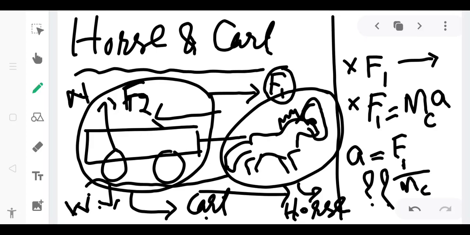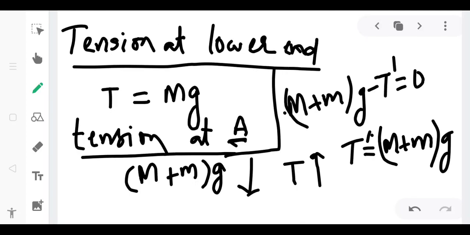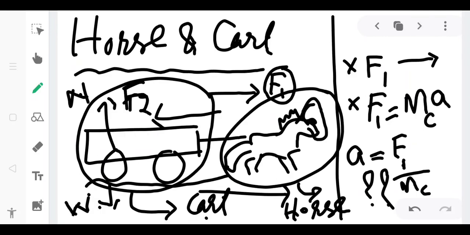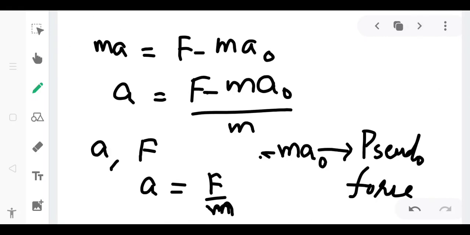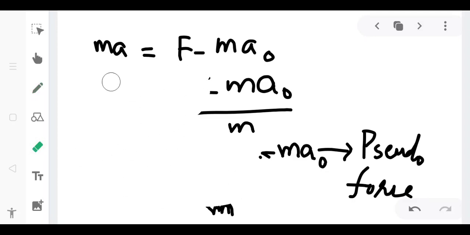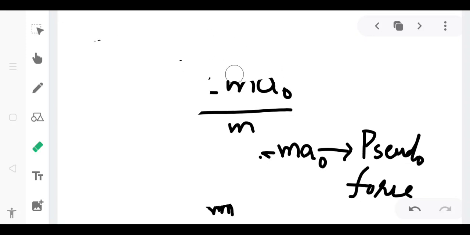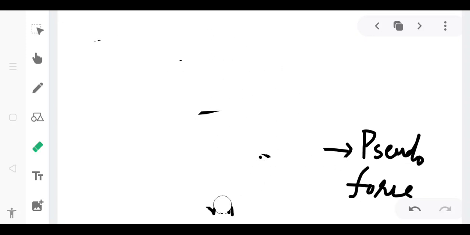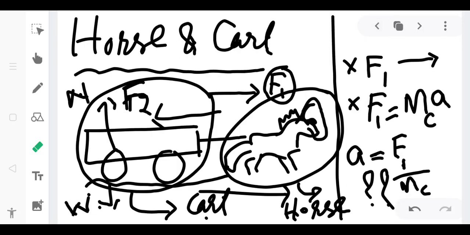So we are going to list out the forces acting on the horse. Observe the diagram properly.